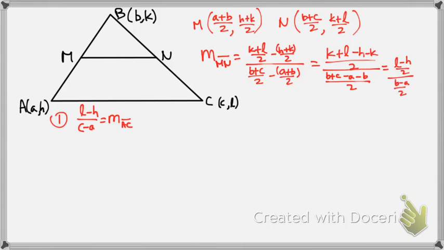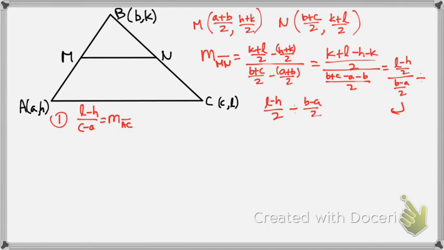Now what I'm going to do is remember that this fraction bar right here is really a division sign. So I can take this, what we call a rational expression, and write it side by side so it makes it easier to divide. So L minus h over 2 divided by B minus A over 2.